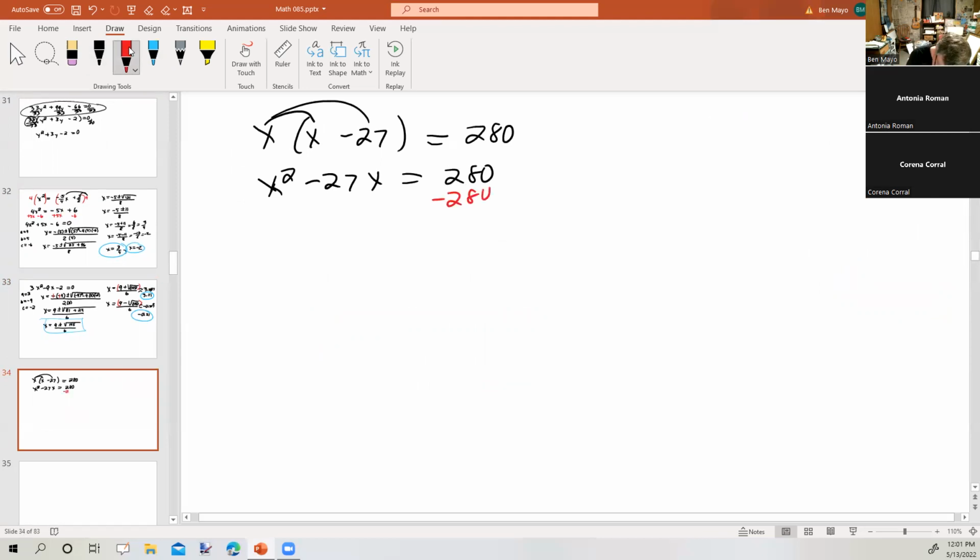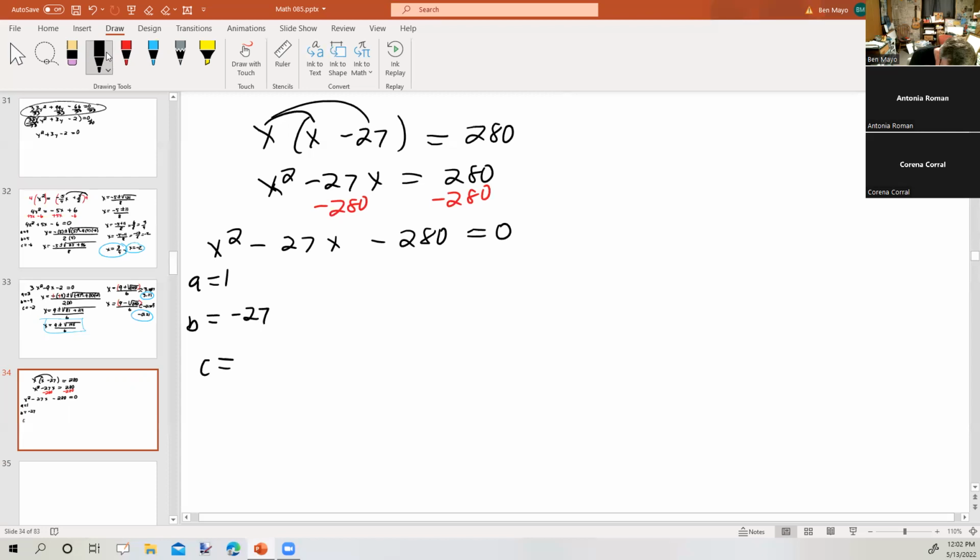Then I will subtract 280 from both sides: x squared minus 27x minus 280 equals 0. So A is 1, B is negative 27, and C is negative 280.